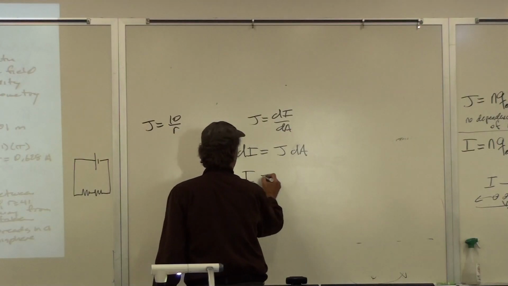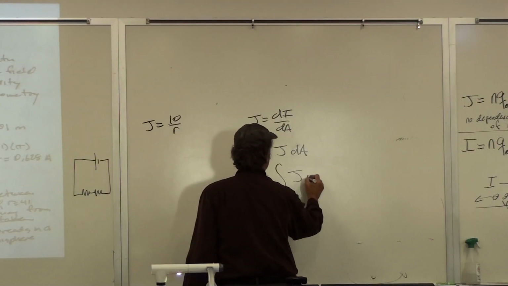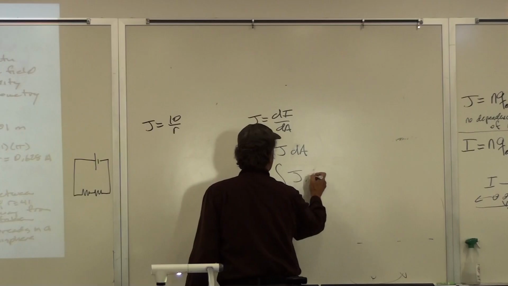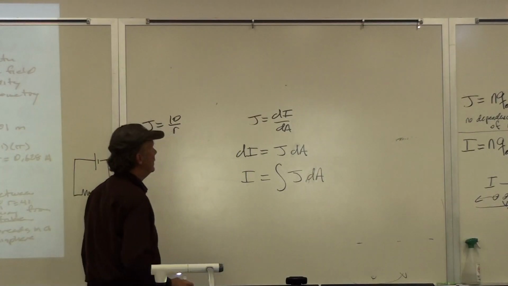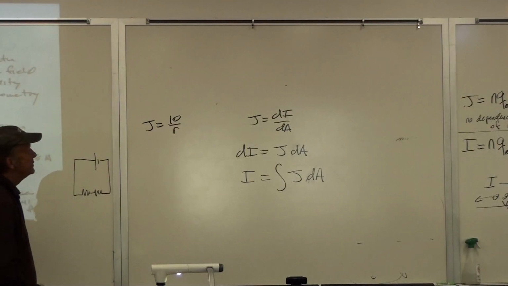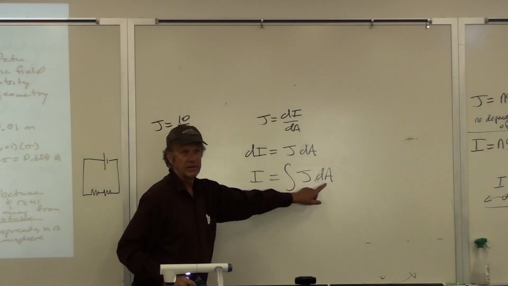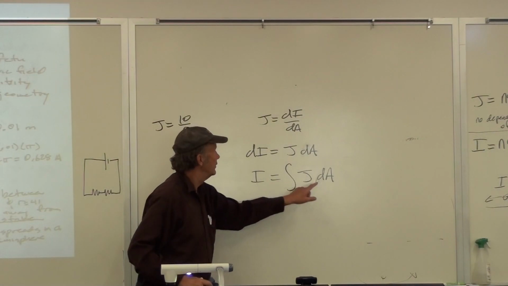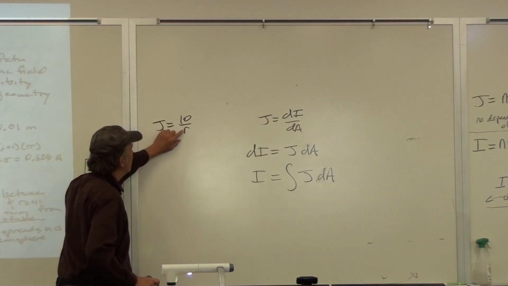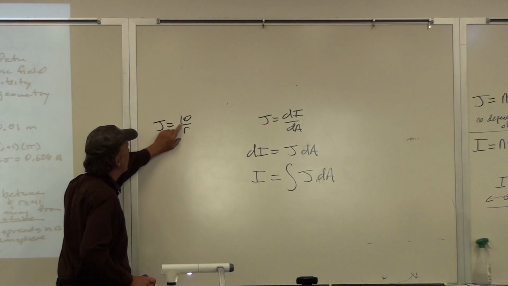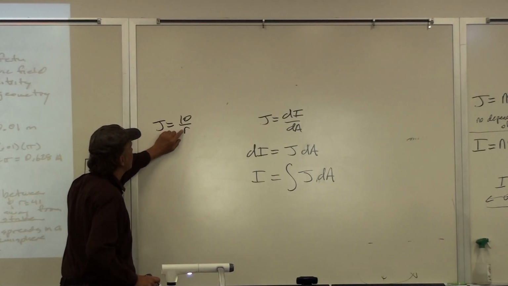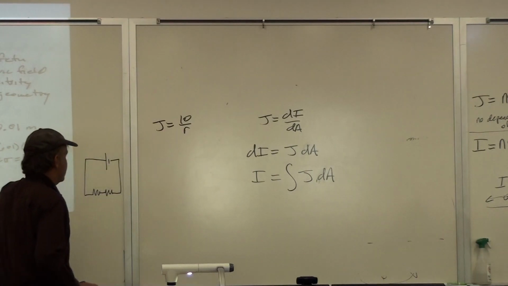And I total then would be the integral of j dA. And so this is for a current that varies over the cross-sectional area of the wire. So in this case, the current is going to be bigger toward the middle of the wire and smaller toward the outside, 10 over R.